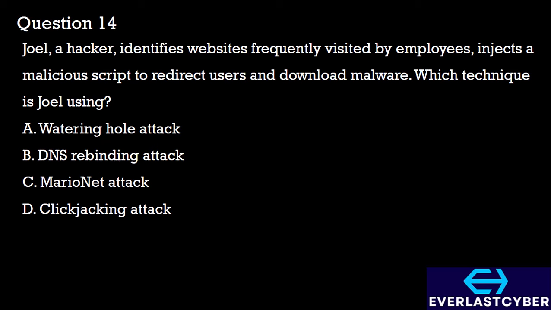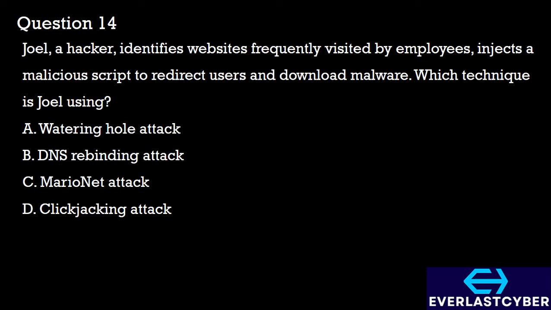In option B, a DNS rebinding attack involves manipulating DNS responses to bypass the same-origin policy in web browsers, thereby allowing malicious access to local networks. In option C, a marionette attack is not a recognized standard attack technique in cybersecurity.